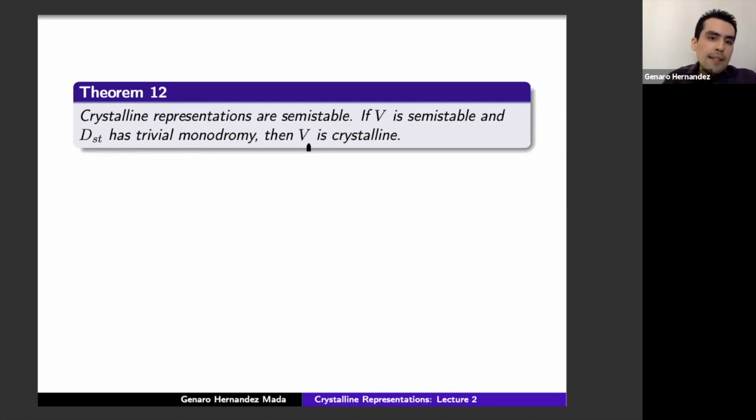And so we might wonder in which geometric situations we have the crystalline representations, and in which geometric situations we have the semi-stable ones. This has to do with the variety. When we think of étale cohomology, for example p-adic étale cohomology, this has to do with good reduction, right?